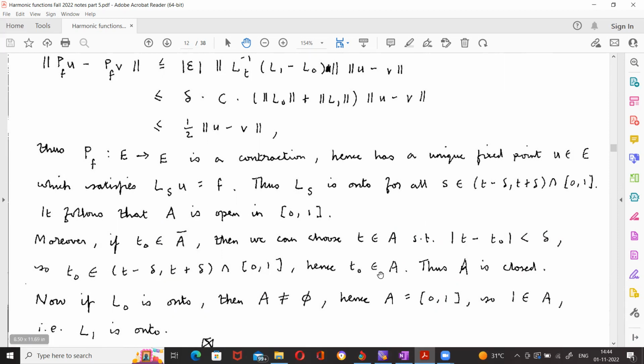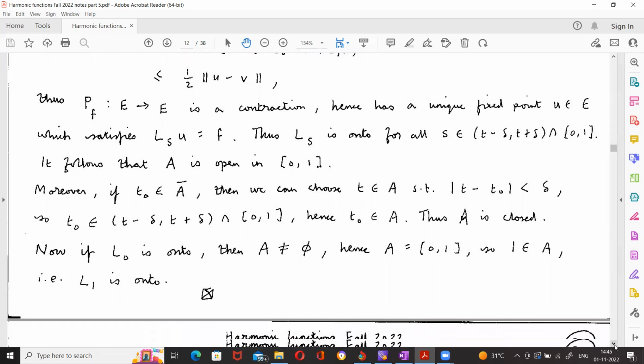But if T belongs to A, then we know that this interval intersect [0,1] also belongs to A. So therefore T naught will belong to A, right? So therefore A is closed, all right? So once we know that L naught is onto, then A is non-empty, open, closed. So therefore it's all of [0,1]. So in particular, 1 belongs to A. That means that L1 is onto. Okay. Is this all right? Yes, sir.